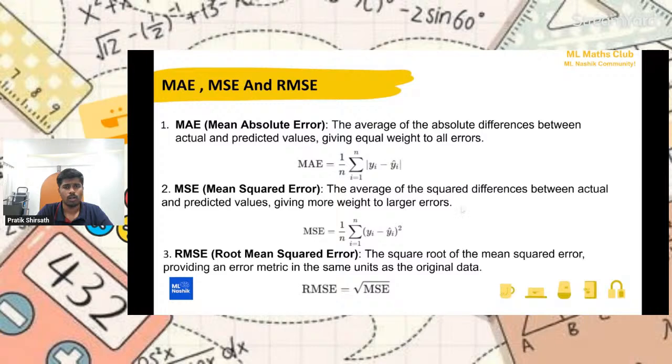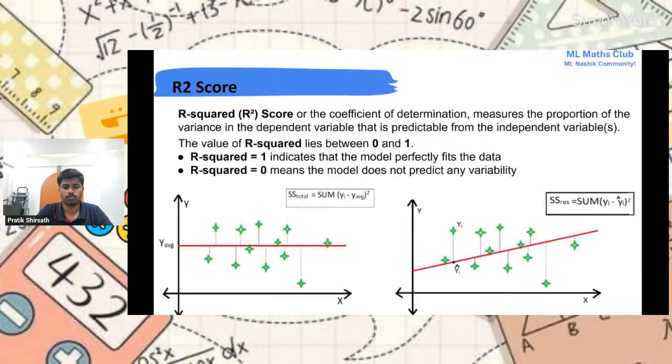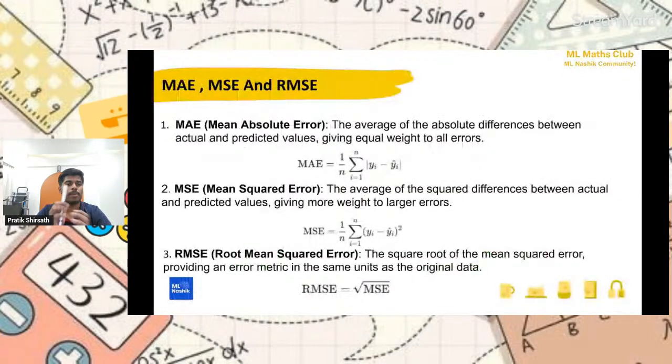The topic coming up is MAE, that is mean absolute error. You all must have studied what mean absolute error means, but leaving the bookish knowledge aside, we will focus on what it actually means.